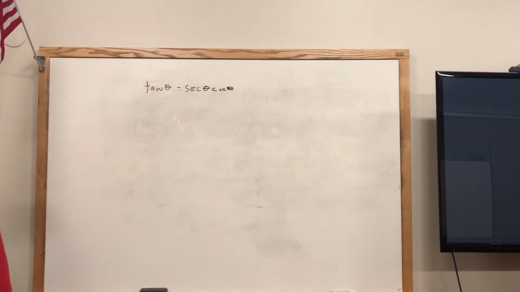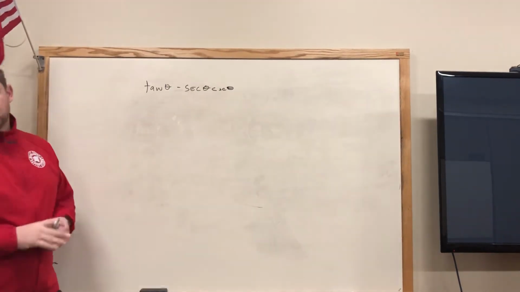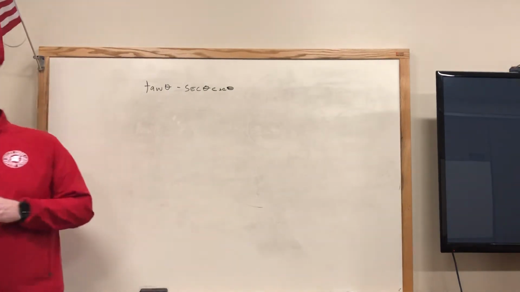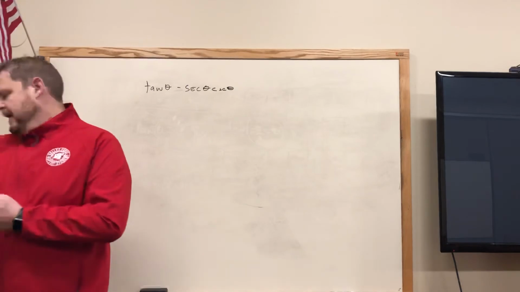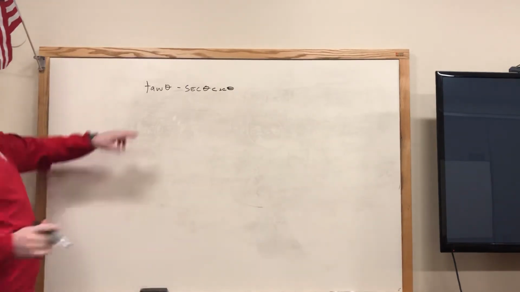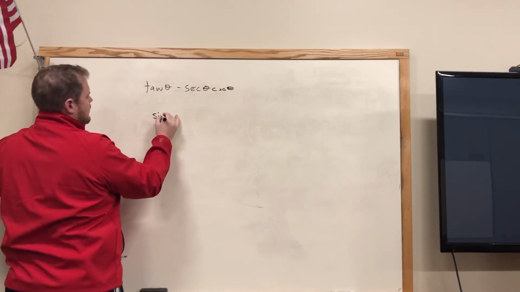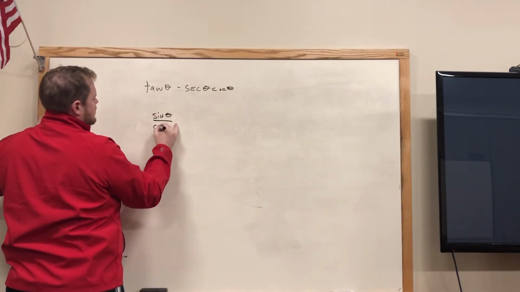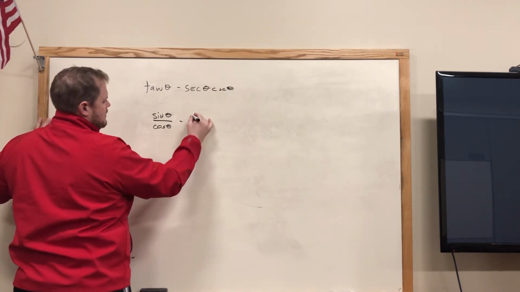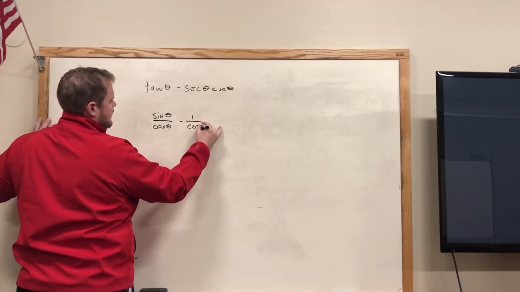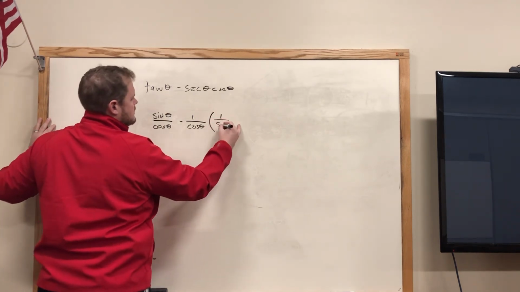This one says we want to express it in terms of sine and cosine. How would we express this? It would be sine theta over cosine theta minus, what's secant? 1 over cosine theta, times 1 over sine theta.